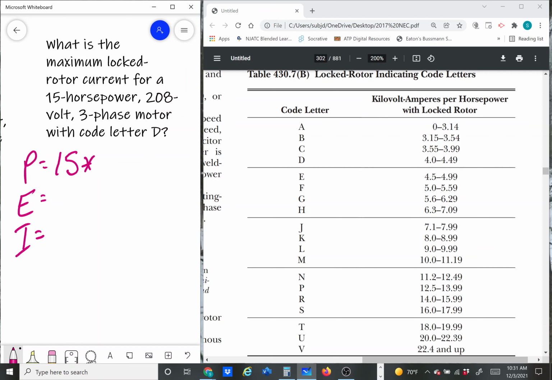I have to use the maximum value. No matter what calculation I use, when I'm looking for my minimum horsepower rating, I have to use my maximum locked rotor current value. So I'm going to use 4.49.